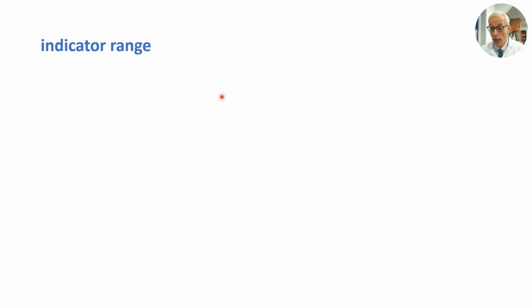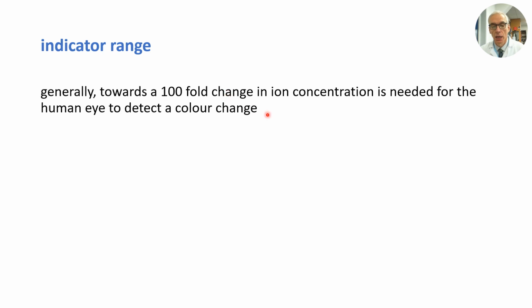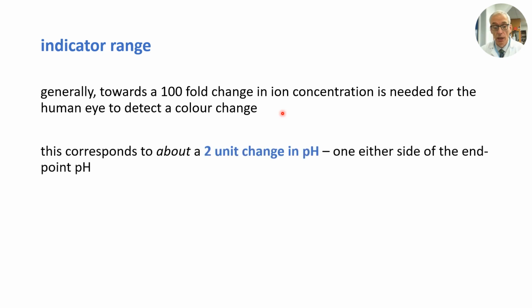Now, the human eye cannot detect the indicator endpoint exactly. Generally, a 100-fold change in ion concentration is needed for the human eye to detect a color change. That corresponds to about a 2-unit change in pH. If you remember, pH is a logarithmic scale. So, pH unit 1 either side of the endpoint pH.